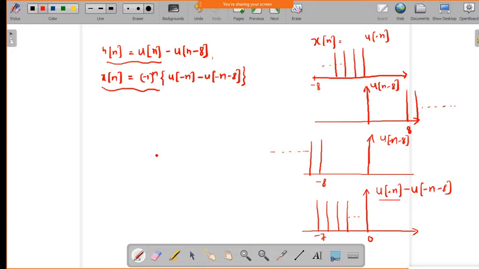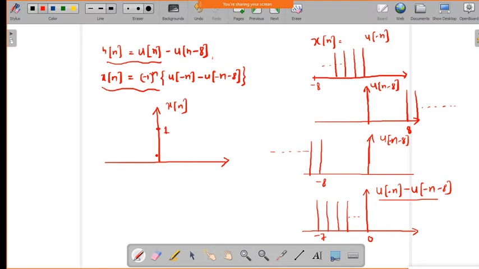Now we need to multiply this with your minus 1 power n. Till the value of minus 7 only it will exist, so you put the value of n from 0 to 7. What will you get? For odd multiples you will get minus 1, and for even multiples you will get plus 1. So x of n at n equal to 0 will be positive, which is 1.